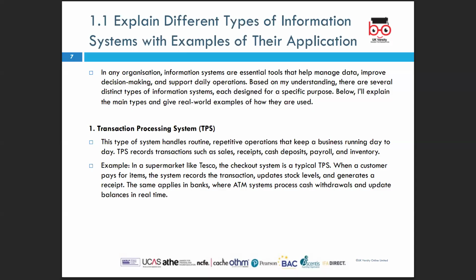So our transaction processing system, an example of where we could find this is in a supermarket like Tesco, where the checkout system is typically a transaction processing system. Customers pay for the items, the groceries, and the system records the transaction, updates the stock levels, and generates a receipt.